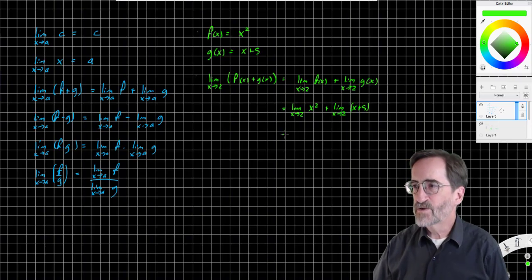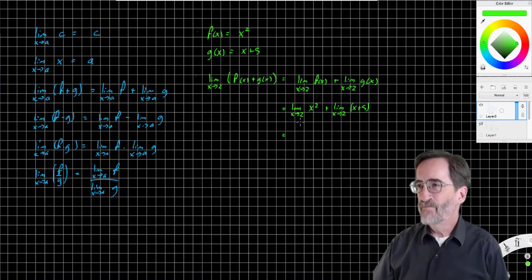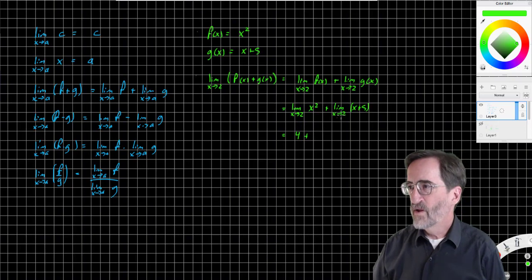Direct substitution works because these are not indeterminate. So 2 squared is 4. 2 plus 5 is 7. 4 plus 7 is 12.